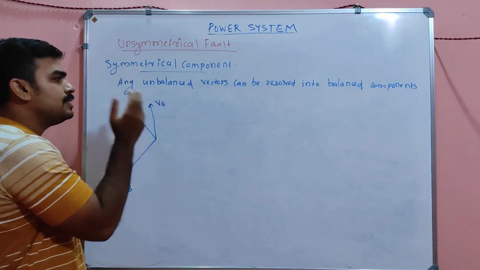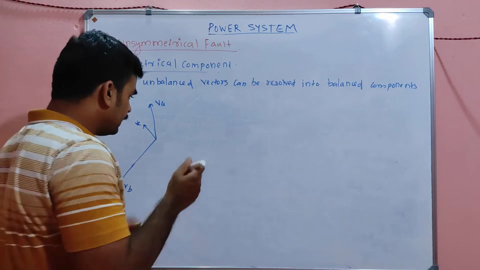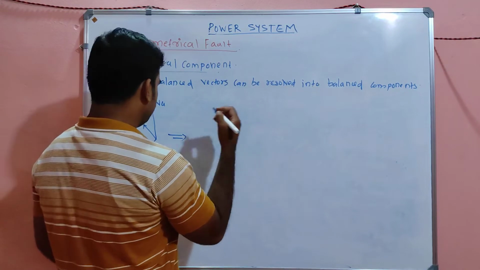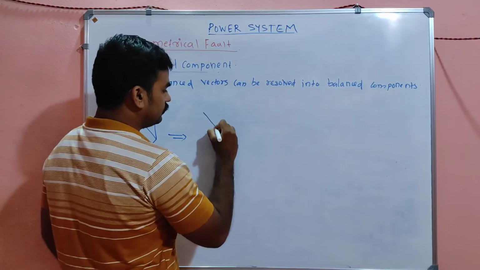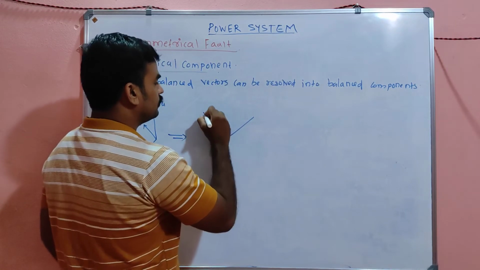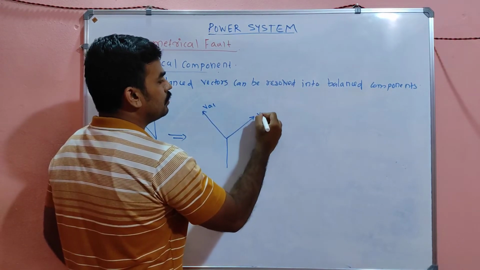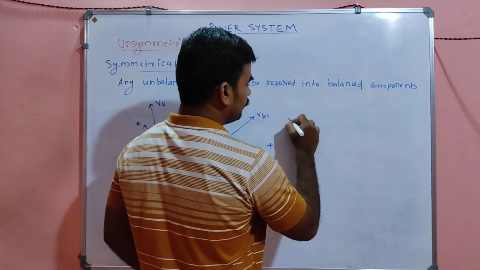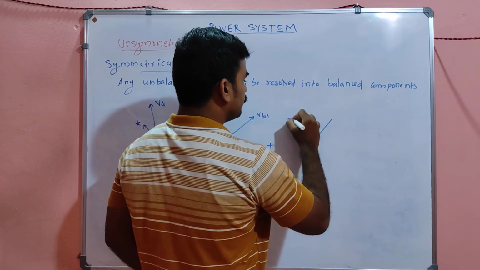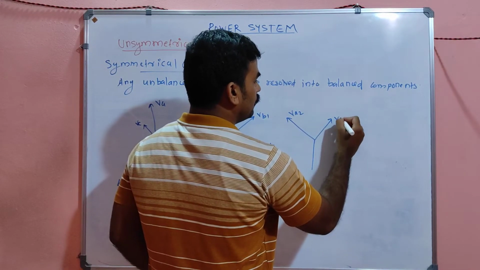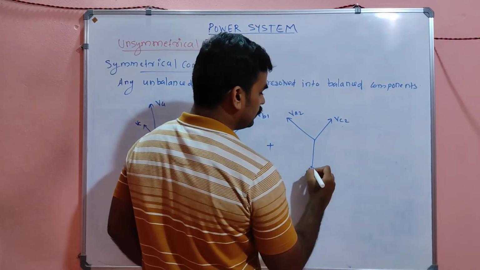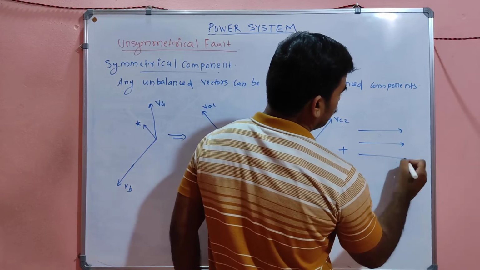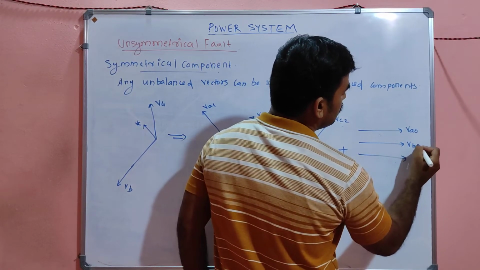So this unbalanced vector, my dear, is equal to the sum of VA1, VB1, VC1 plus VA2, VC2, VB2 plus VA0, VB0, VC0.